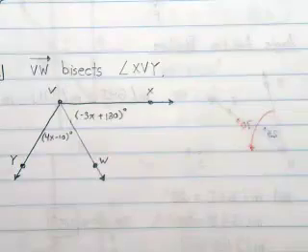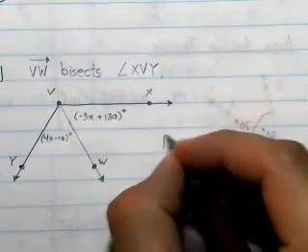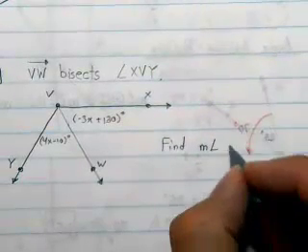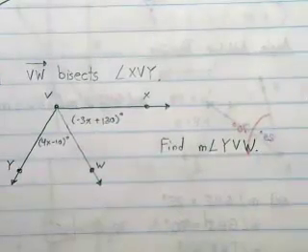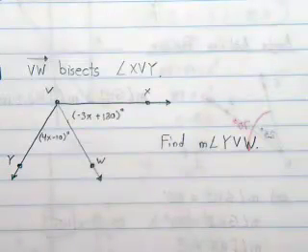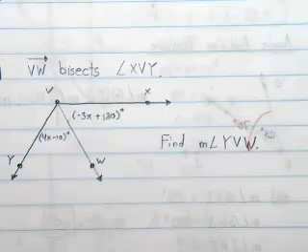And let's say we want to find the measure of angle YVW. Yeah, if you can't read that, it's negative 3x plus 130 and 4x minus 10 are the two. And YVW is the measurement we want.